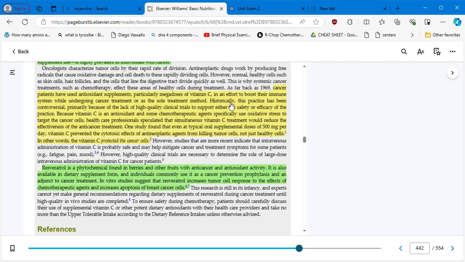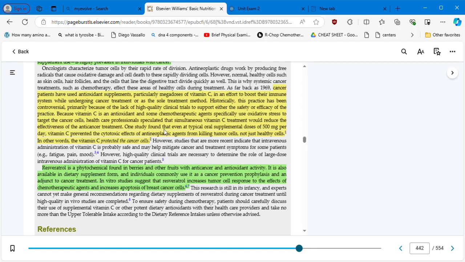However, our textbook tells us that historically this practice has been controversial, primarily because of the lack of high quality clinical trials to support either the safety or efficacy of the practice, because vitamin C is an antioxidant and some chemotherapeutic agents specifically use oxidative stress to target the cancer cells. Healthcare professionals speculated that simultaneous vitamin C treatment would reduce the effectiveness of the anti-cancer treatment. That is why it's a controversy.